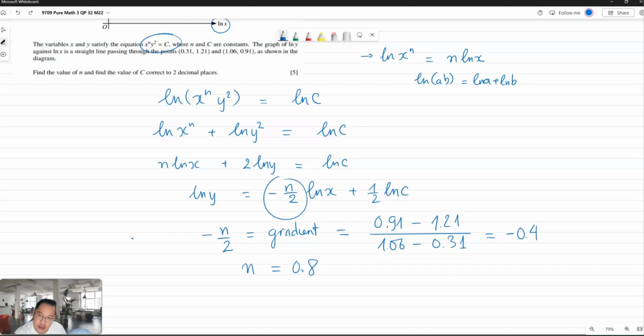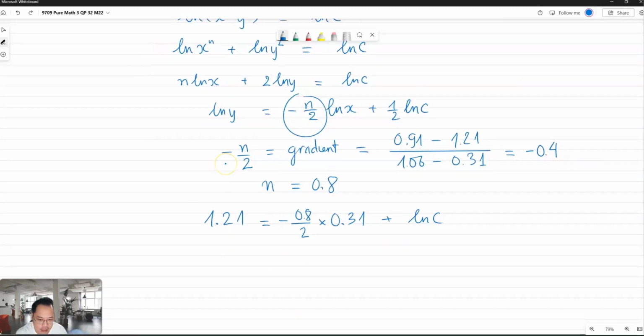So ln x here is 0.31, times minus n over 2, which is minus 0.8 over 2, and then plus 1/2 ln c. We are finding c. And ln y is this value, 1.21. So lastly, solving the equation, we can find the value c to be 14.41.